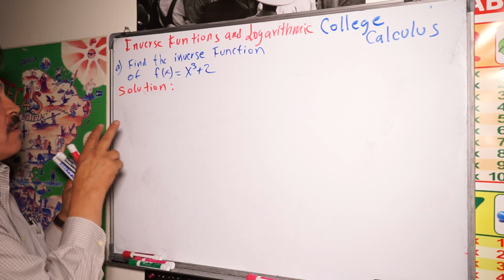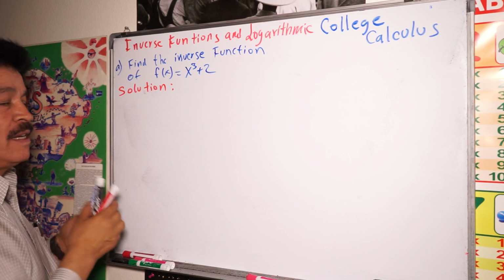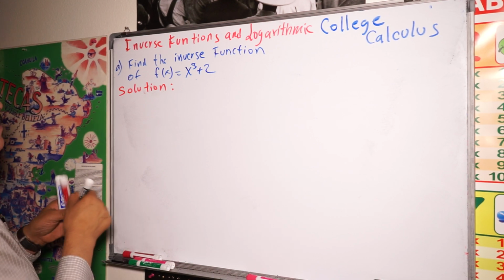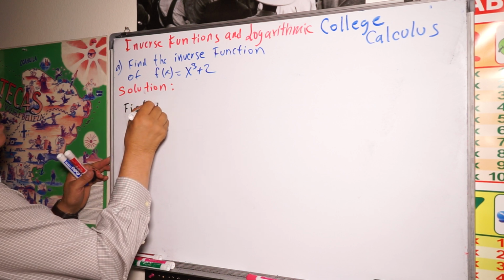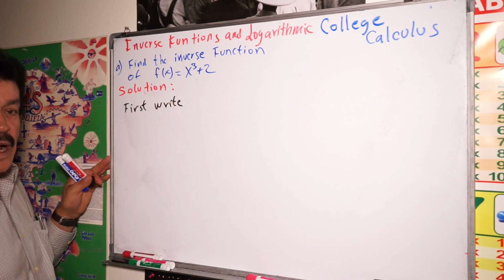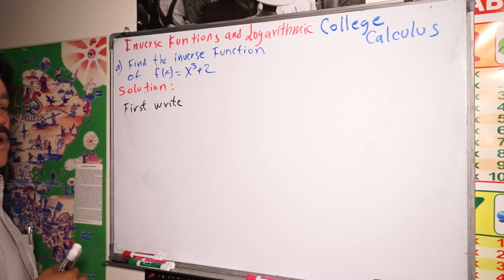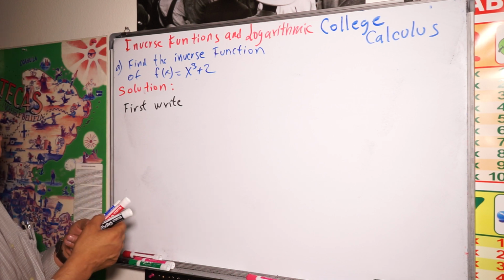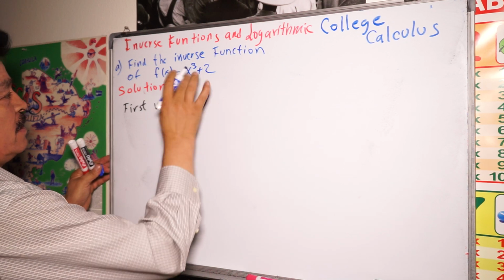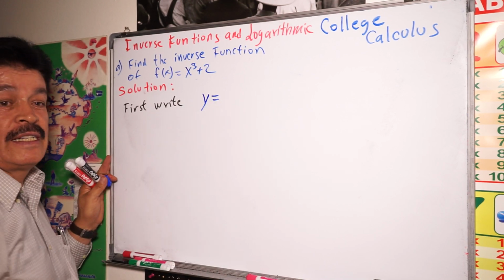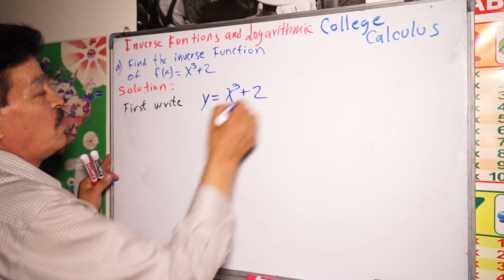So according to the steps that I gave you, the first step is to write y equals f of x. We write y equals x to the third power plus 2.